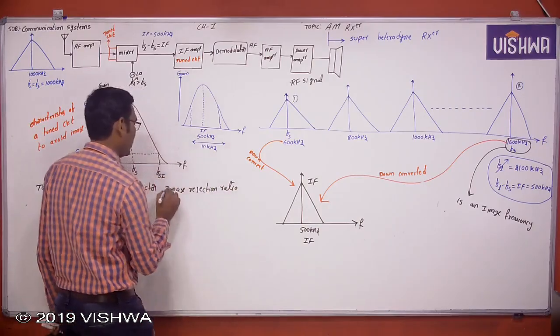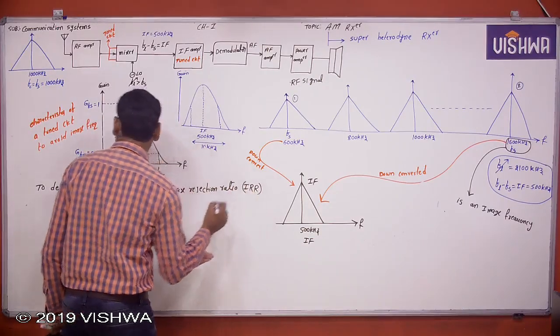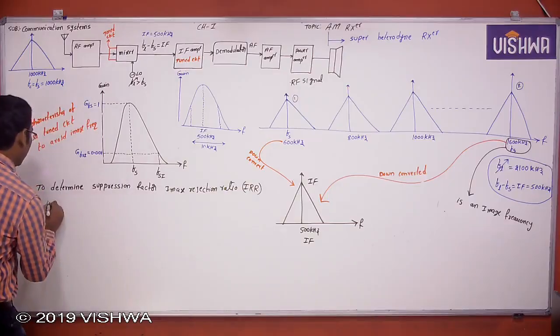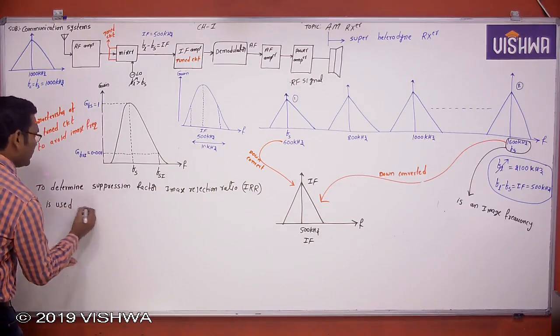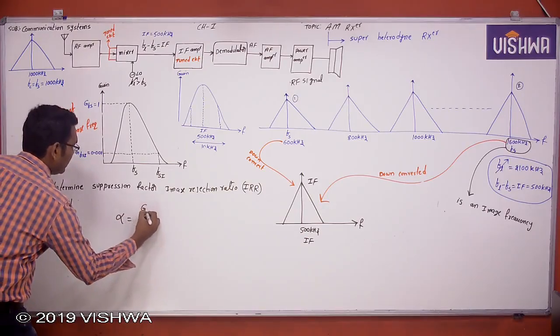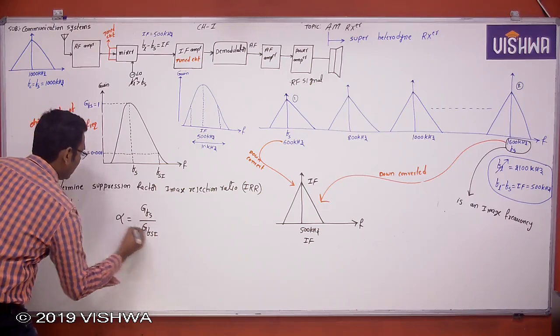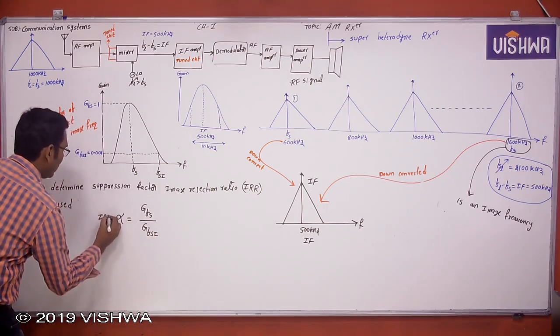Image rejection ratio, IRR. Image rejection ratio is used to determine the suppression factor represented by alpha. Which is nothing but gain at Fs to the gain at Fsi. This is image rejection ratio.